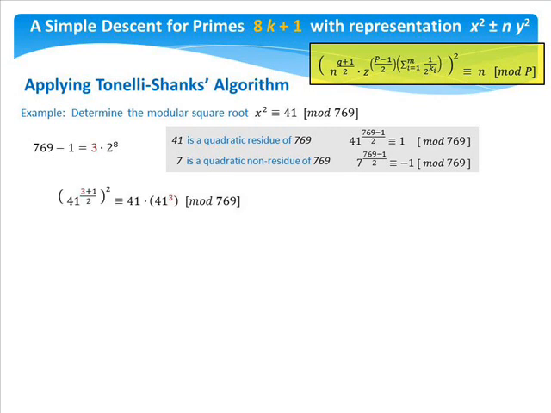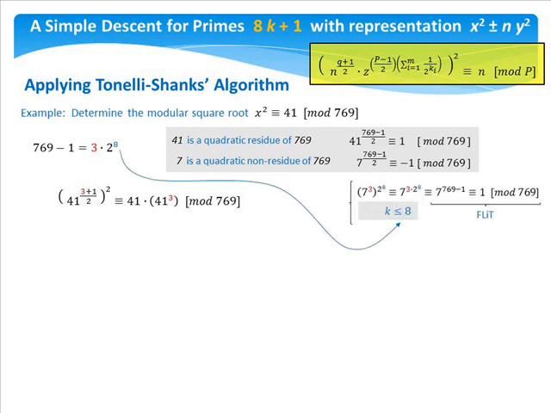It involves 41 and 3, the quadratic residue, and the odd quotient of 769 minus 1. Then we know that 7 raised to 3 has order 2 raised to 8, as 7 is a quadratic non-residue. So 7 raised to 3 raised to 2 raised to 8 minus 1 equals 7 raised to 769 minus 1 over 2, which is congruent to minus 1 modulo 769.